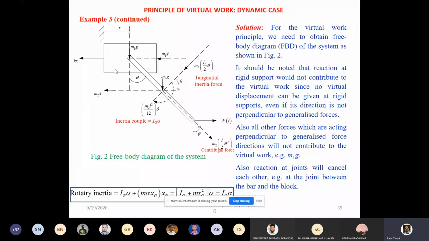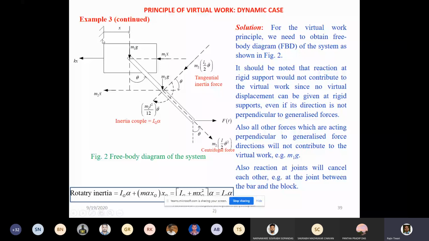Various forces are acting. We'll start with the spring, because we remove the spring. So Kx will be acting opposite to the displacement direction, because x is in the right direction. Acceleration also we can take positive in the right direction.